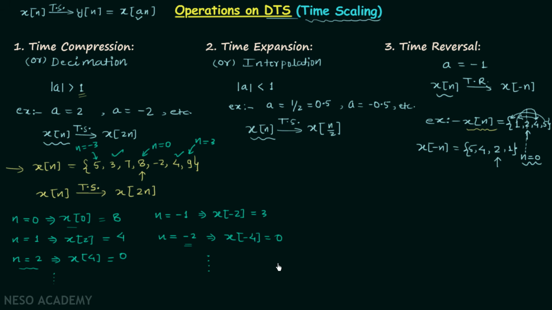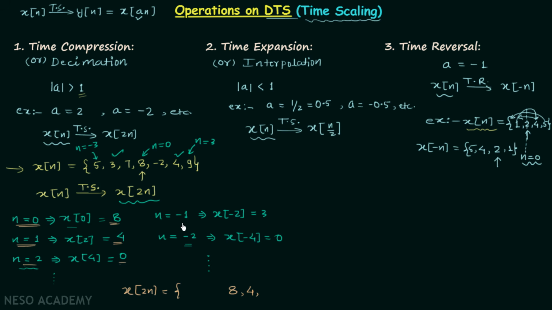So I will stop here, and now I will try to construct signal x(2n). You can see that when n is equal to 0, we have 8. When n is equal to 1, we have 4. So after 8, we will write 4. When n is equal to 2, we have 0. We will not write 0.